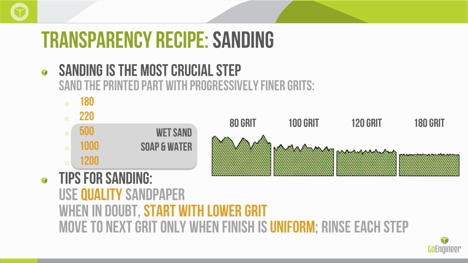If you progress to the next step too soon, what you might end up with is a situation where you're at 1,000 grit, but you're not really making a dent into some deep scratches because the 1,000 grit sandpaper just doesn't have enough coarseness to deal with those deep scratches. So some tips: use quality sandpaper.